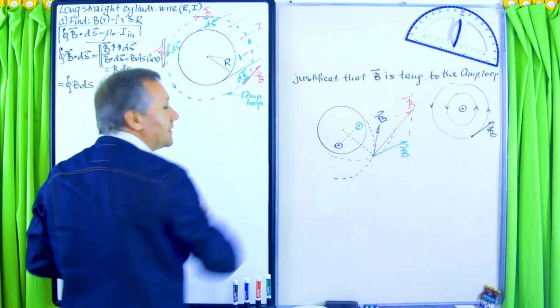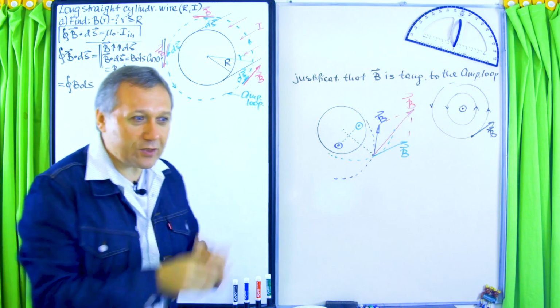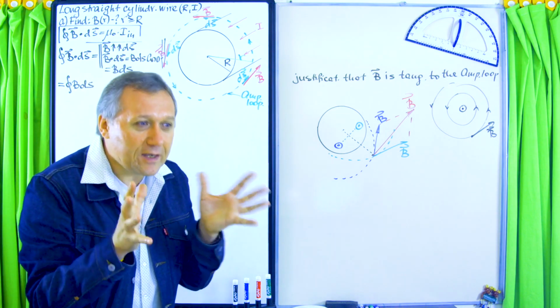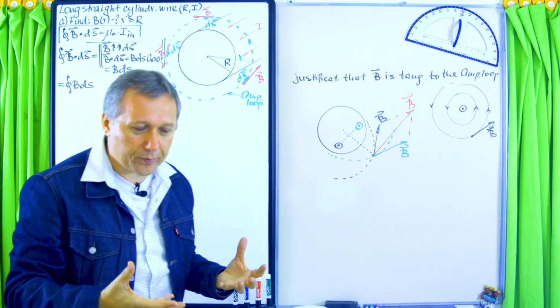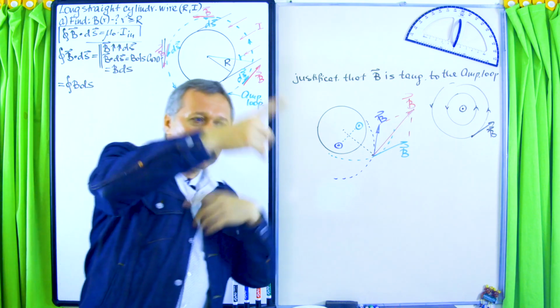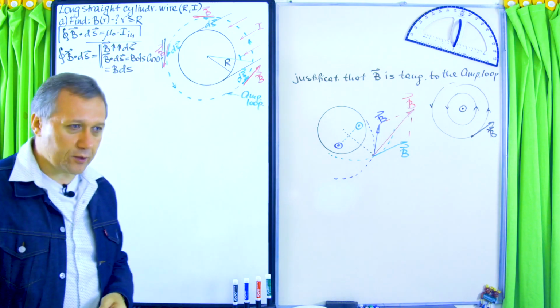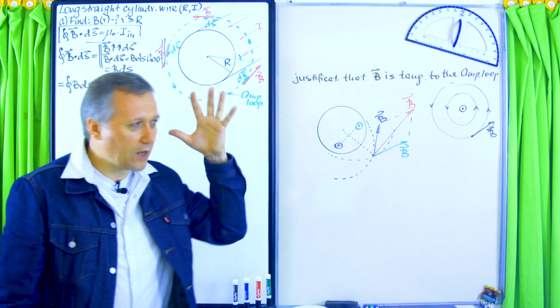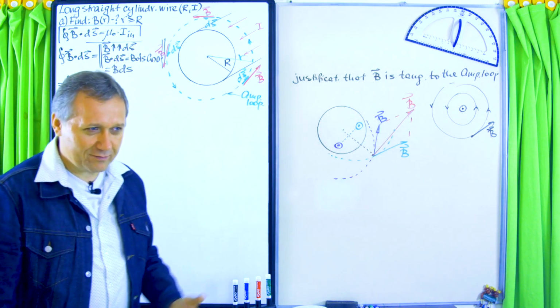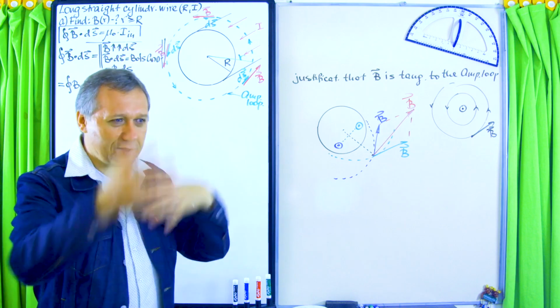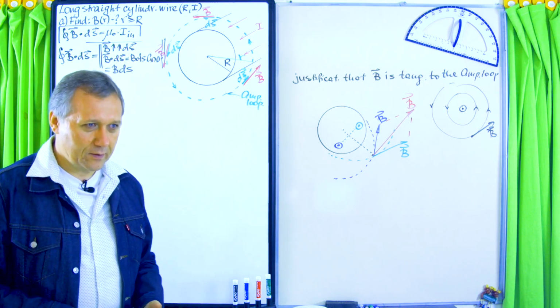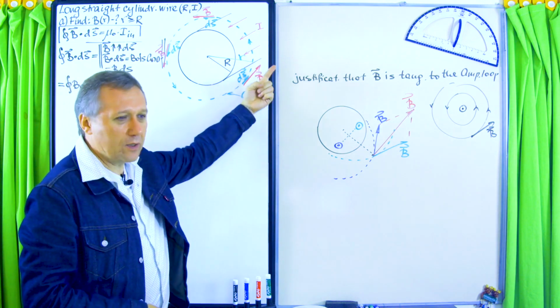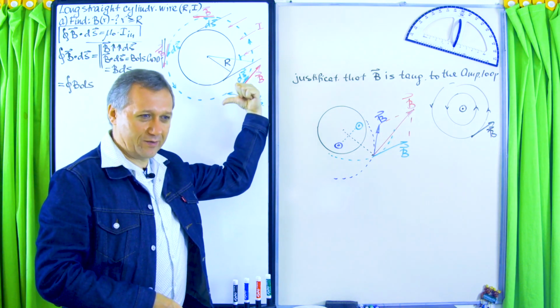But B will be still that way, because our direction of the magnetic field cannot be changed by our imaginary Amperean loop and our imaginary direction of integration. Nature doesn't care about our imagination, right? God created nature this way and it runs according to these laws. So the magnetic field will be still that way, but ds would be in the opposite direction.